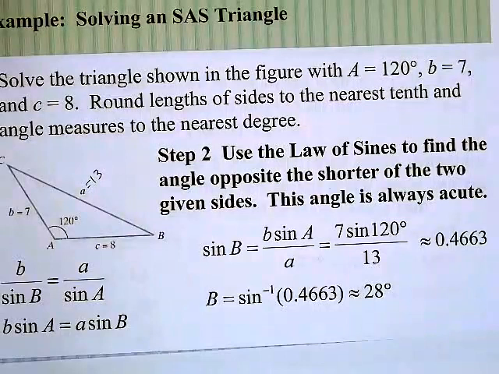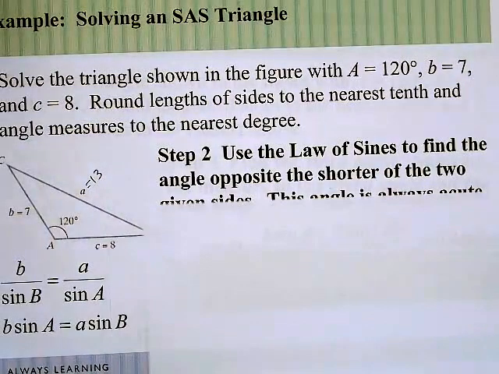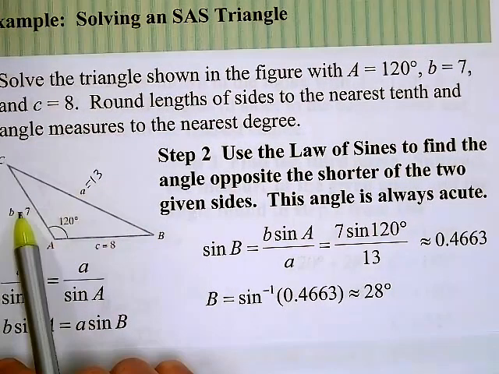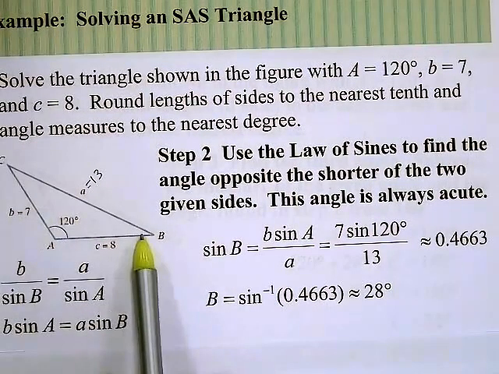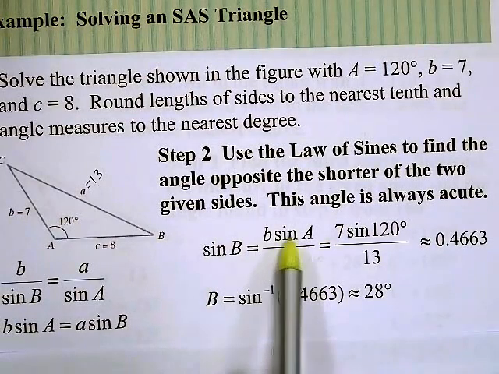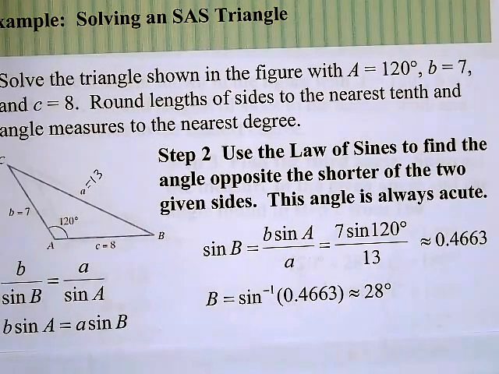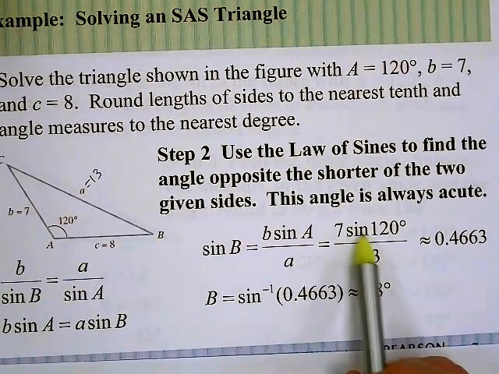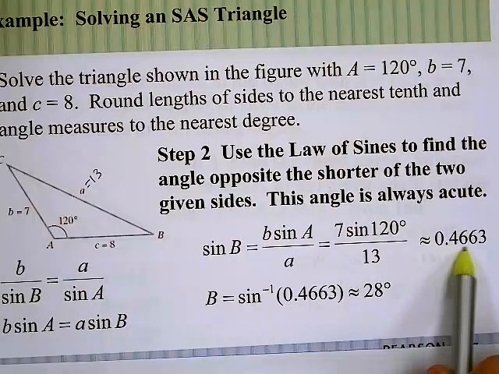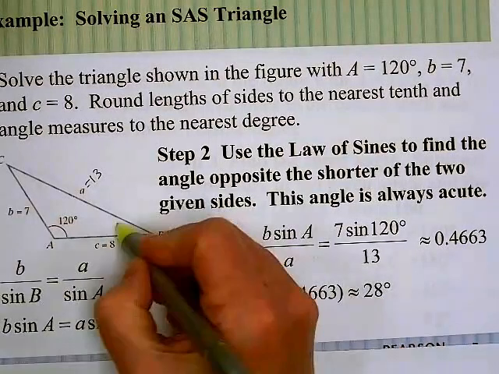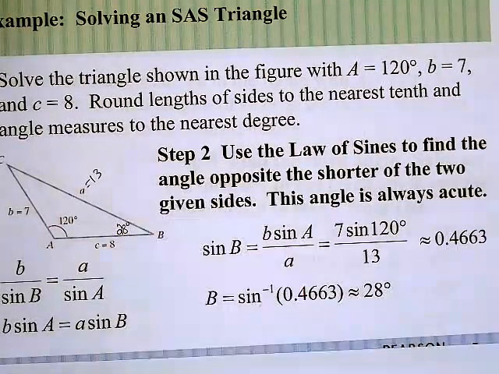Then we're going to use the law of sines to find the angle opposite the shorter of the two given. So side B is 7, angle B is across from that, so sine of B is equal to B times sine A over A. We plug in here, we find that this is the sine of B. Use the sine inverse and I get B to be 28 degrees.